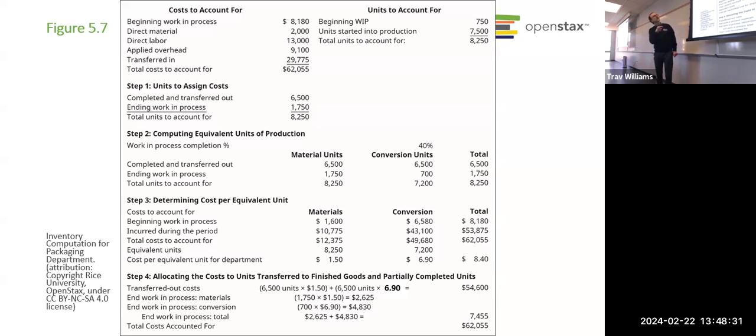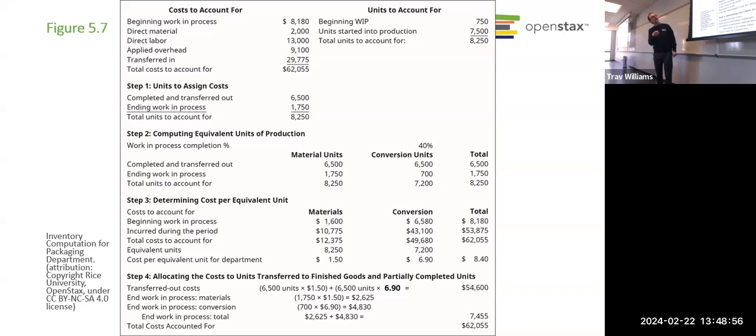Now they're adding more materials, more labor, more overhead within their own department, but they also had some costs transferred in from the department before them. They got some more inventory transferred in along with the costs. So this gives us the total cost to account for this period, for this department.